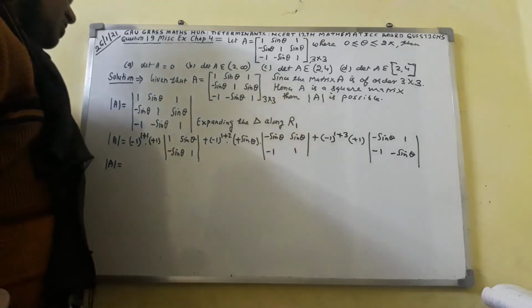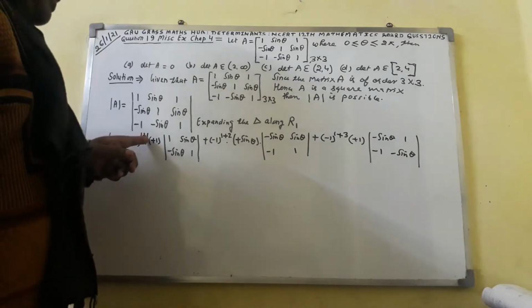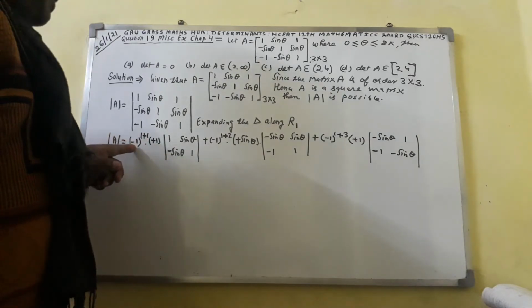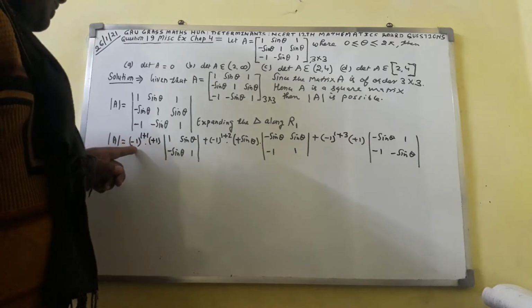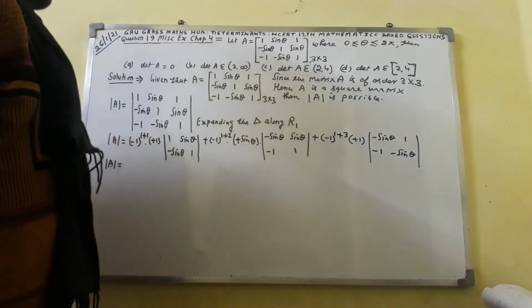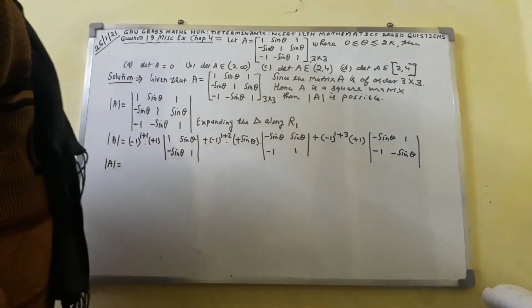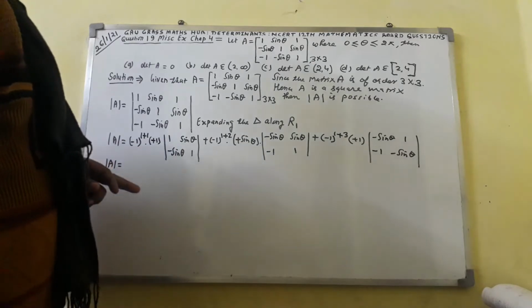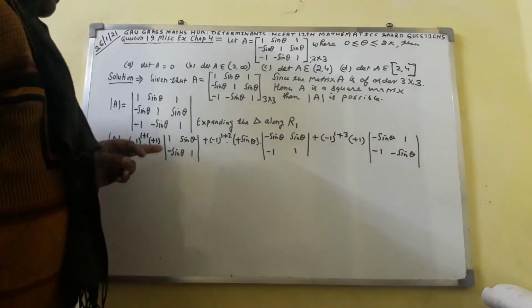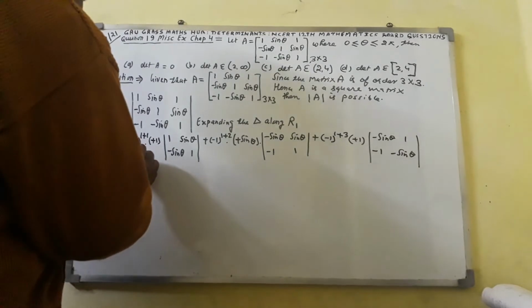Determinant of matrix A equals, here minus 1 raised to power 1 plus 1 comes out 2. Minus 1 raised to power 2 comes out 1. 1 will plus 1 will multiply to plus 1 comes out here 1. And here the minor determinant. The elements of principal diagonal are 1 and 1 will multiply together.